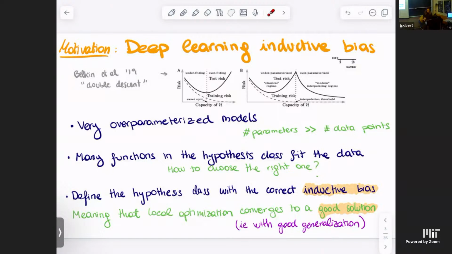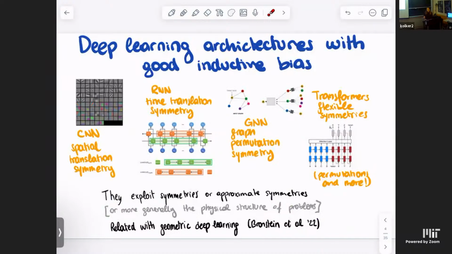There's not a clear solution of how one can have models with a good inductive bias in general, but there are some design principles that have worked in practice over the past 15 years. This is the design of models that exploit the structure of the data in a way that is consistent with what the data looks like.